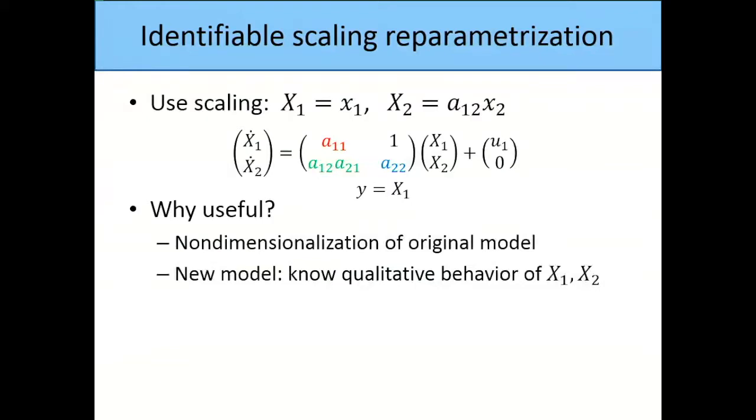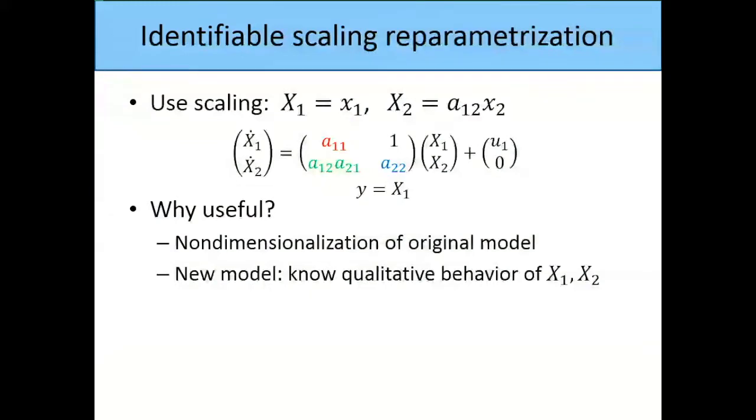So why is this useful though? Well, the idea is that even though we don't know x2 and we don't know a12, we still know the qualitative behavior of capital X1 and capital X2. Even though I don't know the actual value of x2, I do know the entries of this matrix. So that means I can determine the eigenvalues, and thus I can determine whether these functions are increasing or decreasing.